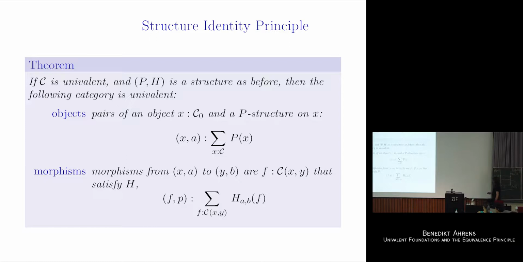And morphisms between such pairs X, A and Y, B are morphisms F in the original category from X to Y that satisfy the predicate, the proposition H. Meaning that a morphism in this category is a pair of a morphism in the category C and a proof that this morphism satisfies the predicate H. And here, at least, I got the indices of H right.